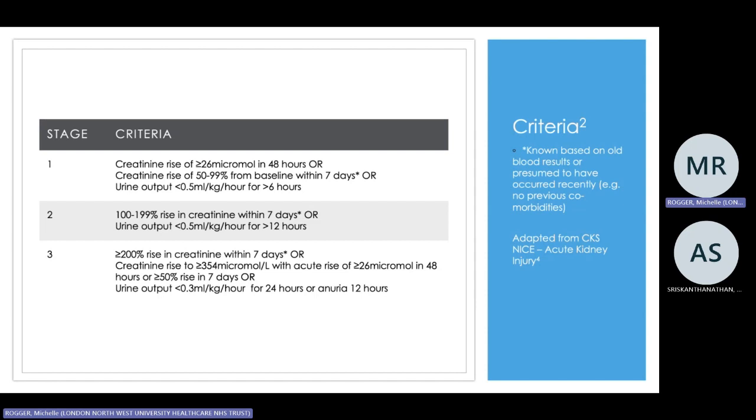In the second stage, you don't actually use an absolute value. You look at the percentage rise from a baseline or a reduction in urine output. And then stage 3 is a rise over 200% in creatinine, or the absolute values of a creatinine rise.